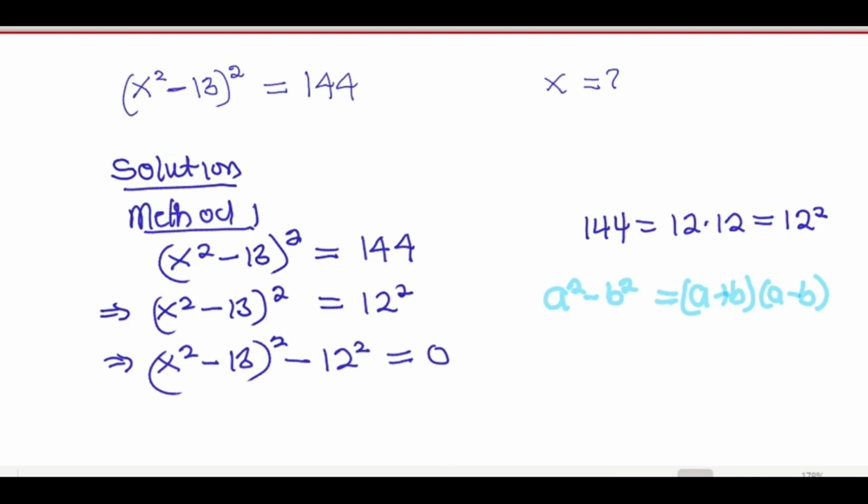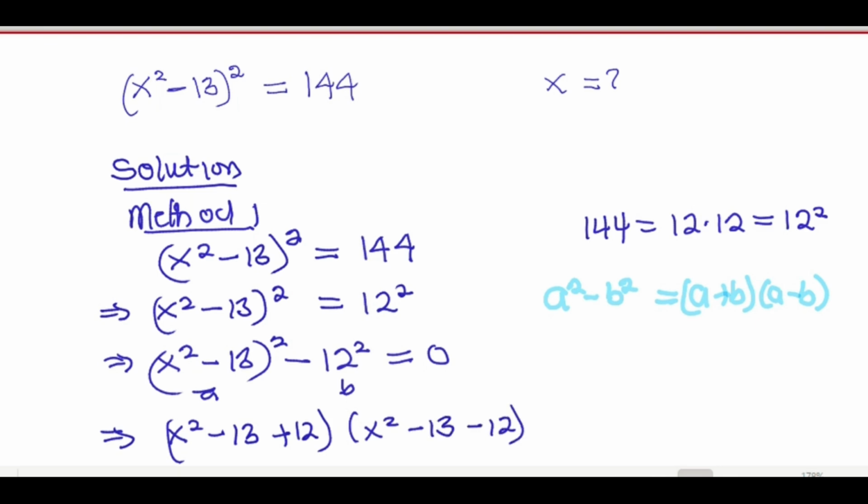Applying this rule, we consider this one as a, and this one as b. So we will have (x² − 13 + 12)(x² − 13 − 12) = 0.